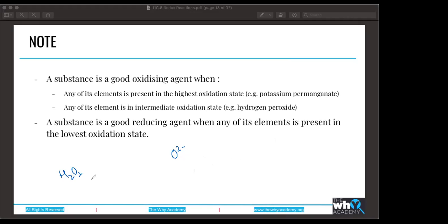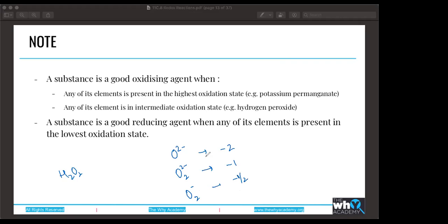Okay, keep this aside. So oxygen can exist as an oxide ion when its oxidation state is -2, or it exists as peroxide ion. What is the oxidation state of oxygen when it's peroxide? -1. And when it is superoxide, -1/2.